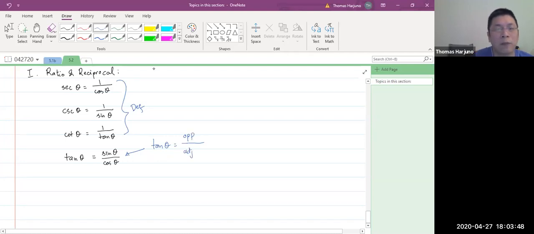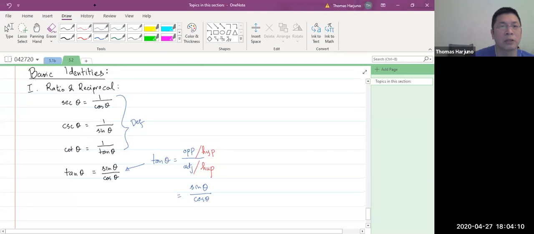Okay, but if I divide the top and the bottom by hypotenuse, then I get what I need, which is sine theta over cosine theta. Okay, now that's for the ratio and reciprocal identity.